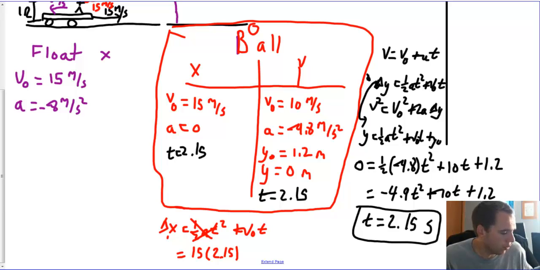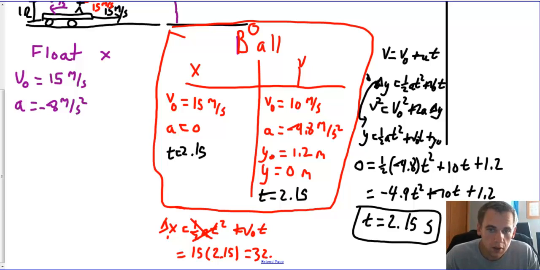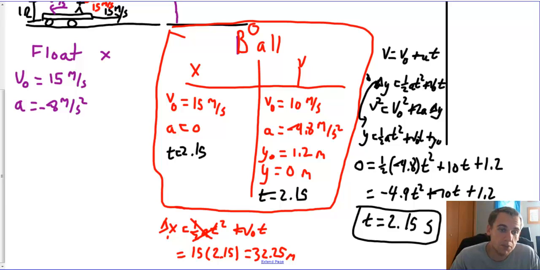And if I do that math real quick, 15 times 2.15, 32.25. Okay, so that means the ball is going to move a horizontal distance of 32.25 meters in the time it takes for it to reach the ground after being thrown in the air. Okay? So 32.25 meters is my horizontal change in position.